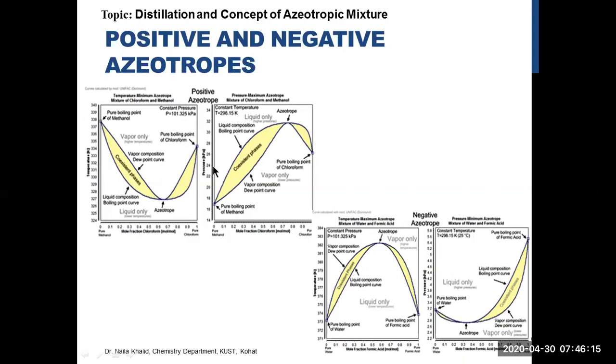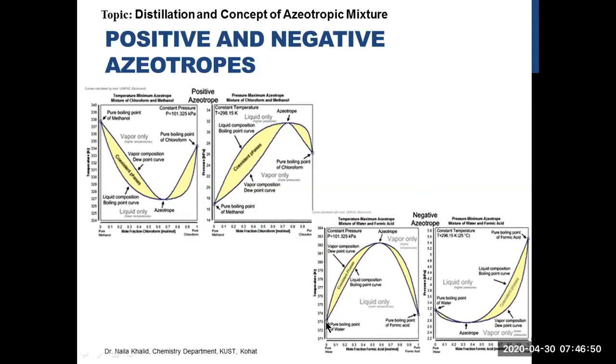This figure shows the relationship between mole fraction and the pressure. This azeotrope, which is a positive azeotrope, has higher vapor pressure and lower boiling point, and the opposite in the case of a negative azeotrope. This is an example of a high boiling, maximum boiling azeotrope, a negative azeotrope. Here you can see pure water, and here pure formic acid.